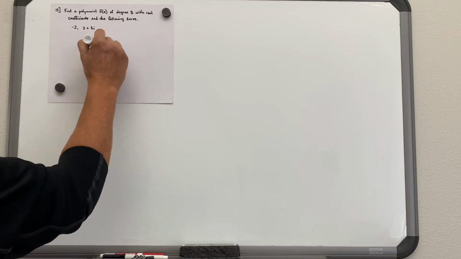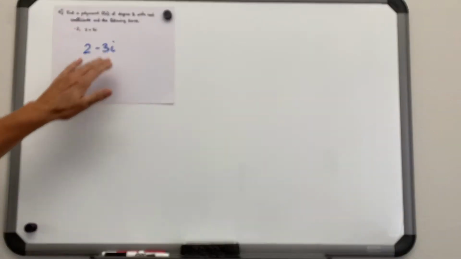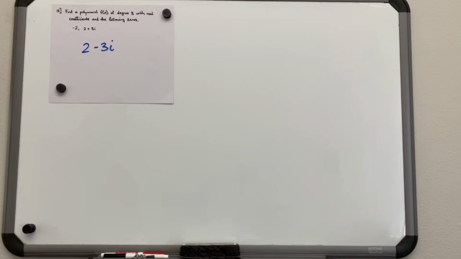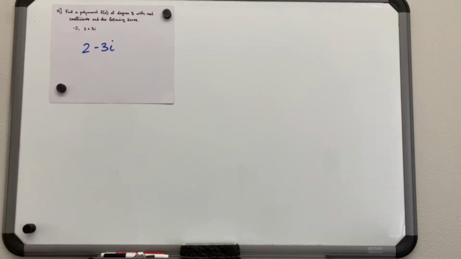Something to know that's really important: if you have a complex 0, an imaginary 0, then you also have to have its conjugate. So in other words, if I have 2 plus 3i, I also have to have 2 minus 3i. And that will give me 3 zeros, which is good because I need degree 3.